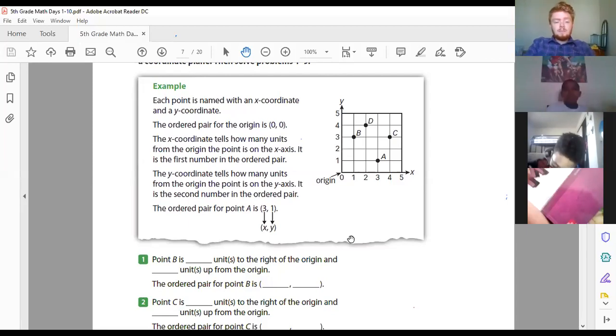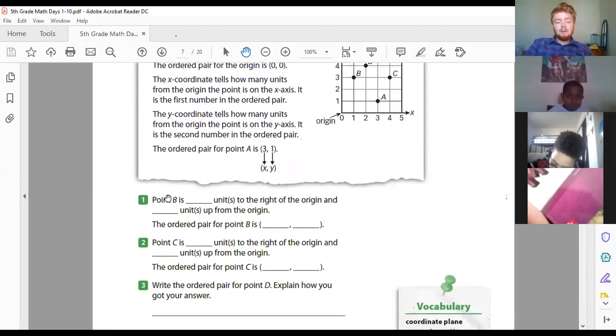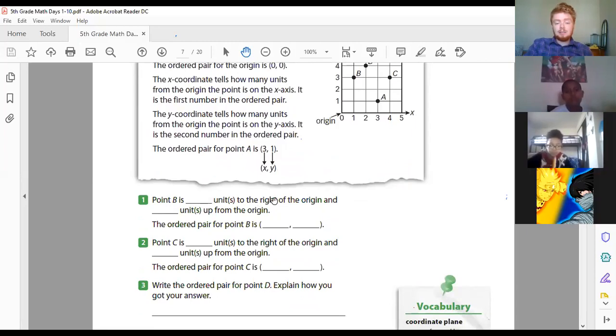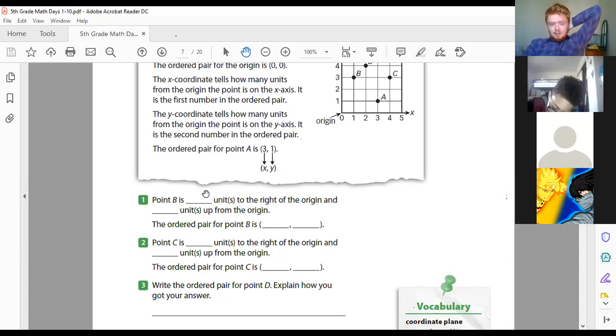Okay, so let's see who remembers. Point B is blank units to the right of the origin. The origin's always going to be this point right here. That's technically zero, like the 0 hallway and 0 floors, because you're not taking an elevator up. So origin, 0, 0. So point B is blank units to the right.